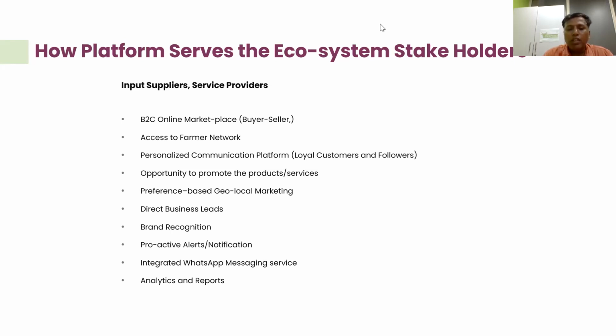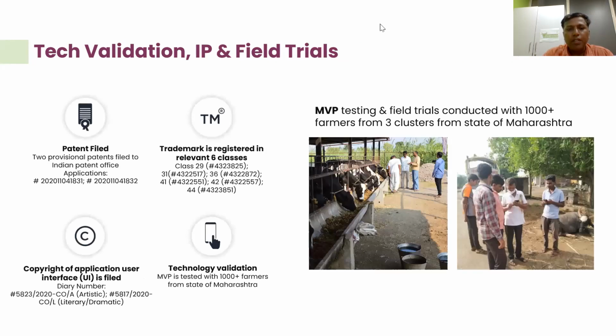We have also recently integrated a WhatsApp messaging service with the application, and therefore many farmers are getting important notifications also on their WhatsApp. We provide analytics and reports to the users.